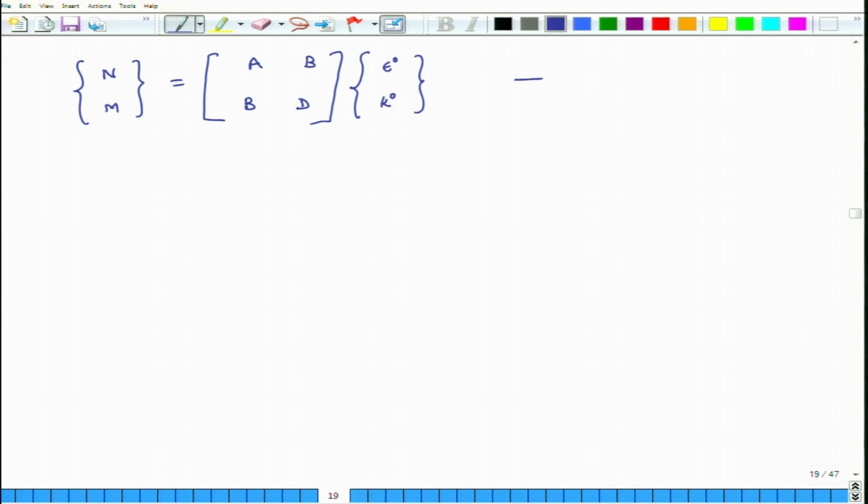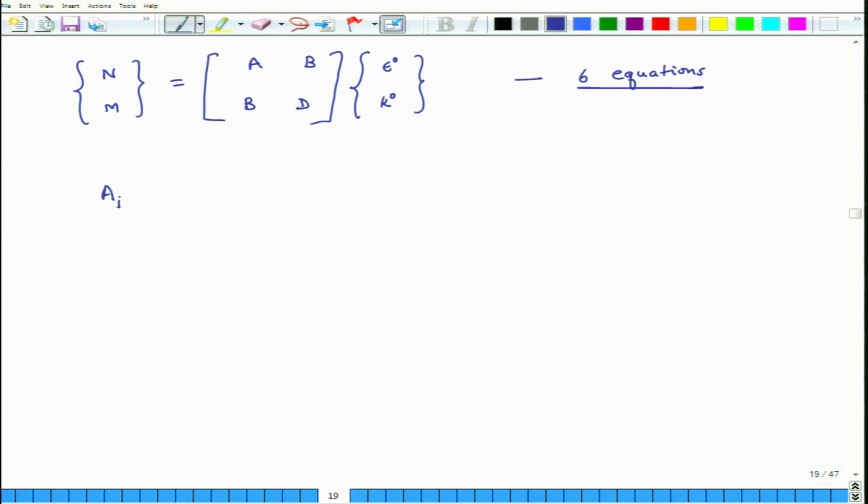So, these are 6 equations. And we will consider each matrix term individually.